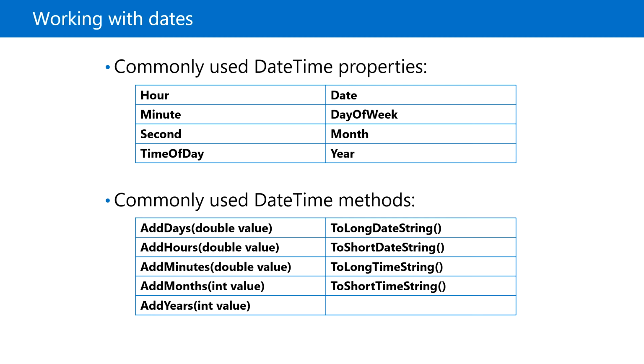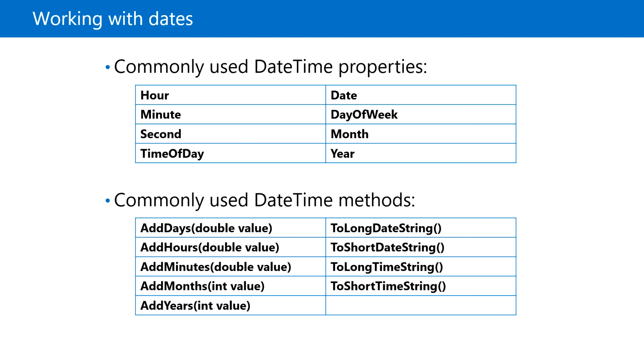But in case we wanted to segregate specific parts like a date or time, then we can use the properties of the datetime to access the specific parts. So in this table, it shows some of the properties which are available for the datetime variable.